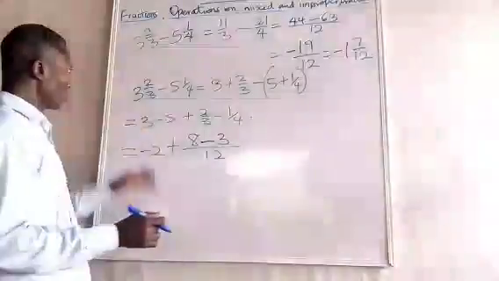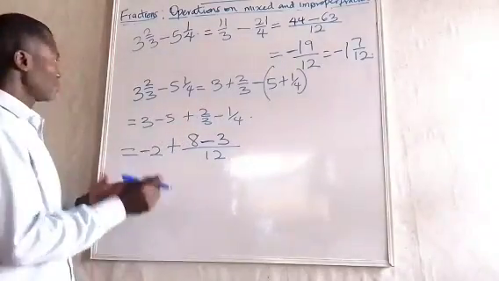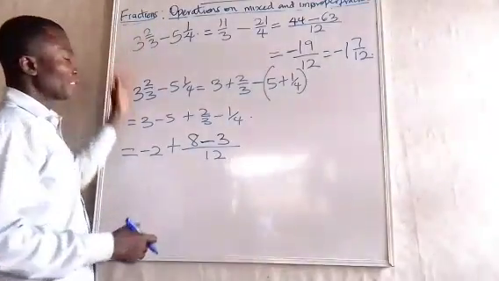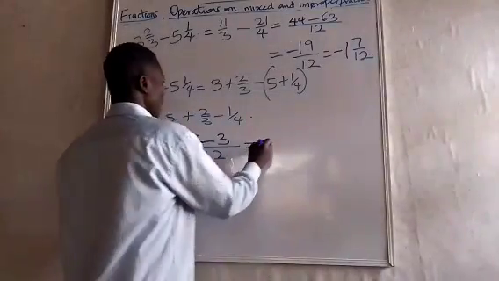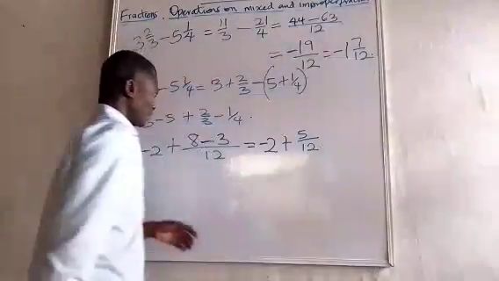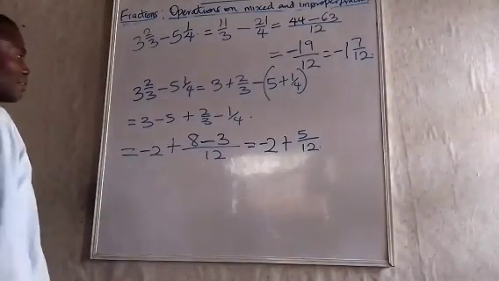Please, I want you to look at this example very well. If you have not yet, always handle it with improper fractions until you have studied this one very well. So I'm going to have minus 2 plus 5 over 12. You know what this one will now give me?